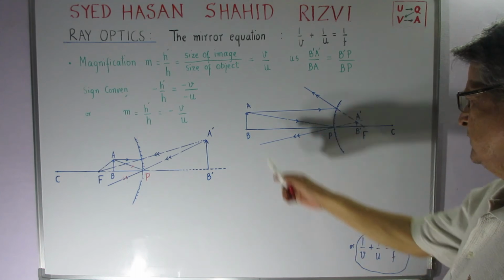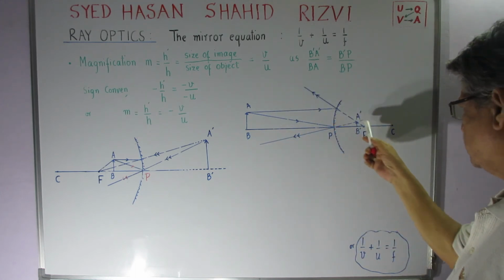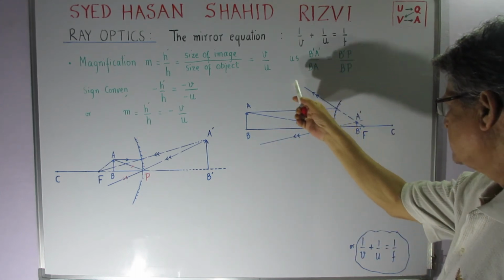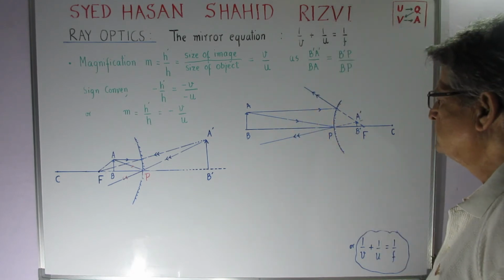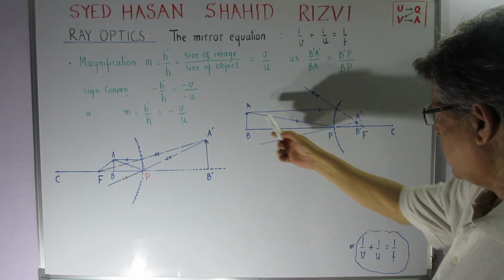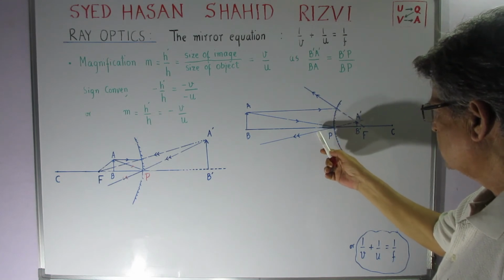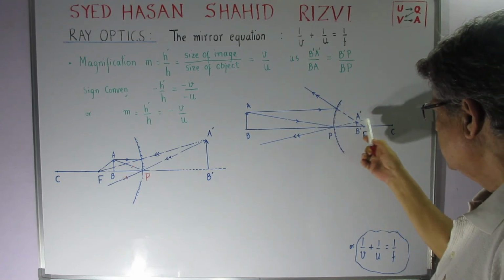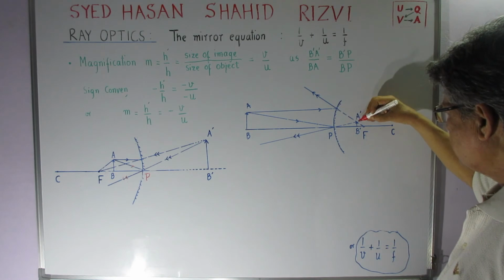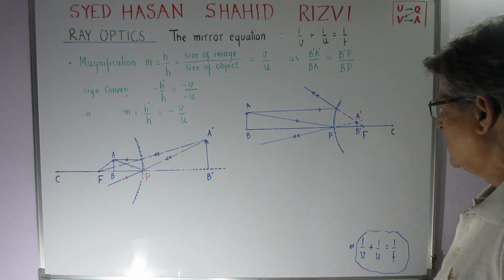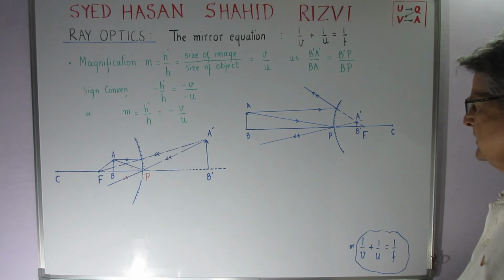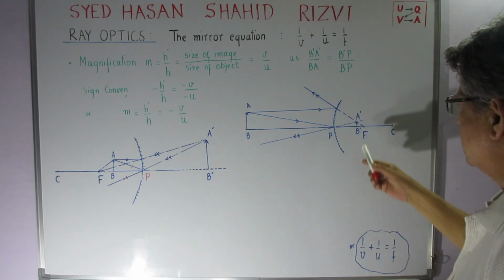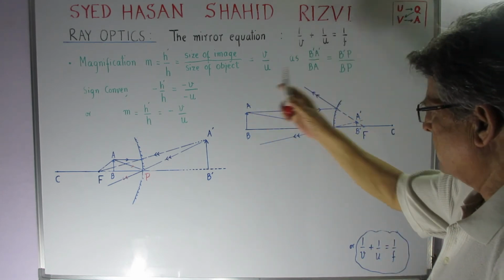So what we take is one parallel ray, which after reflection will appear to be coming from F like this, and another one from A to P, and i is equal to r, and then I get this line. And you can see that these two lines meet at this point, which you call A dash. So A dash becomes an image of A.